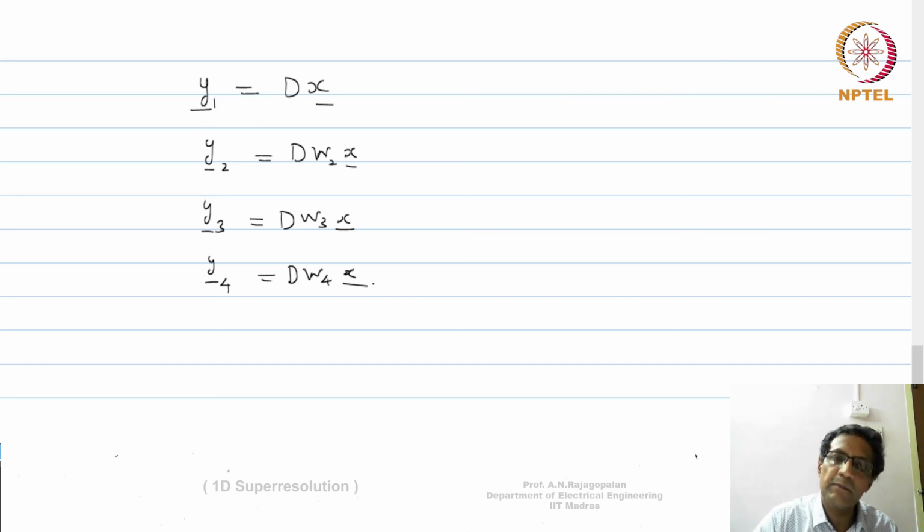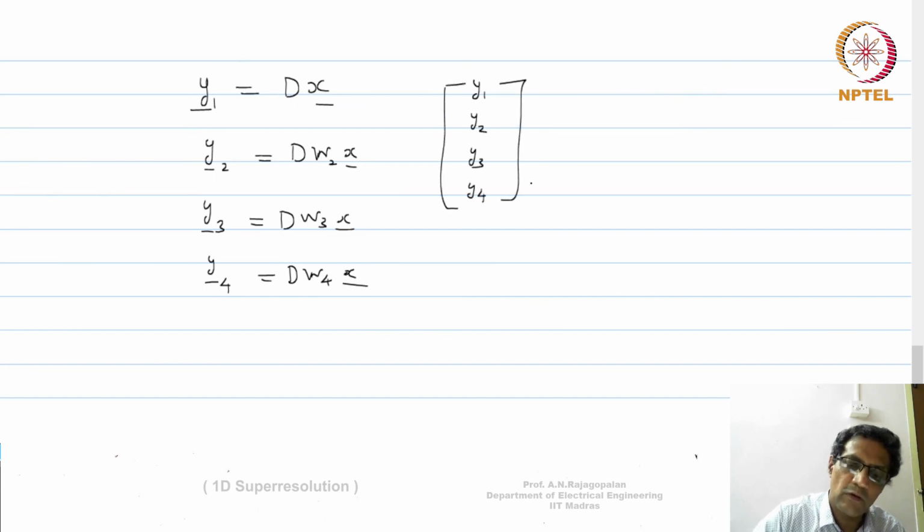If you think about it, you can write this up as y1, y2, y3, y4, you just stack up all the LR observations. If you're going up by a factor of 2, then let's write this down as DW1, DW2, DW3, DW4.